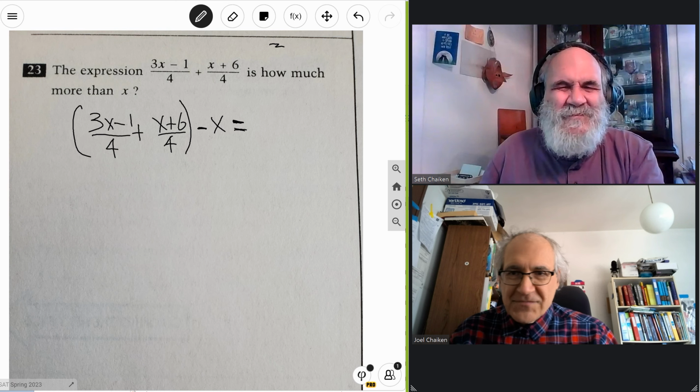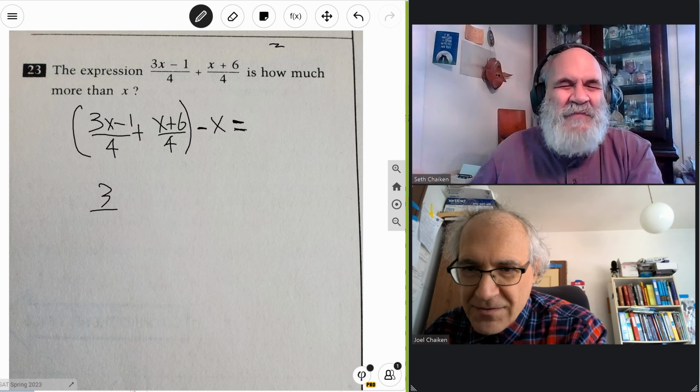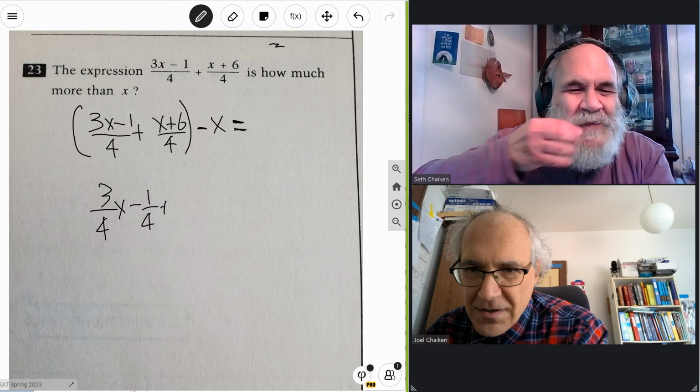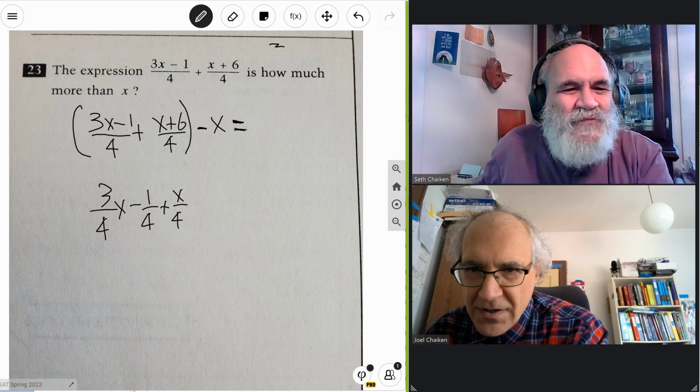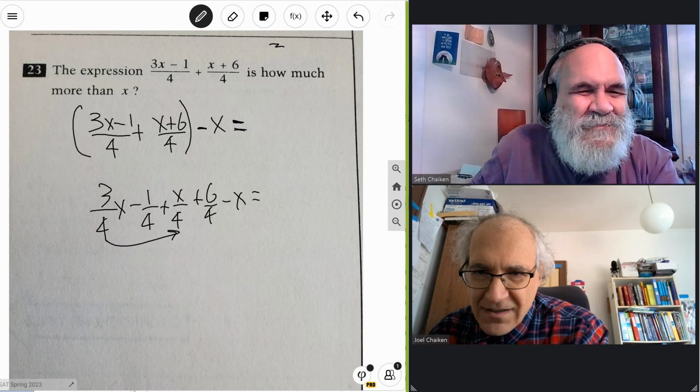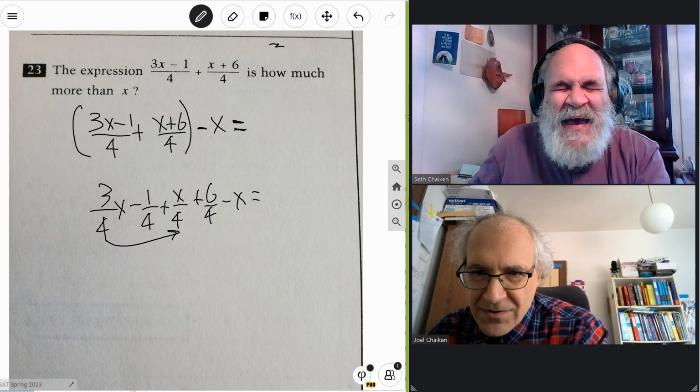Okay, let's simplify it. Three quarters x minus a quarter plus x over 4 plus 6 over 4 minus x is the answer. So these cancel out. No, they don't. Yes, they do. Three quarters plus a quarter add up to one.